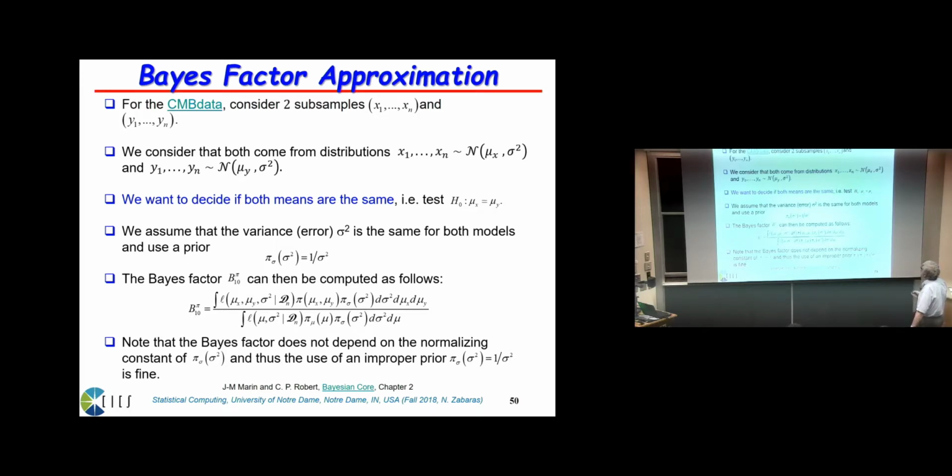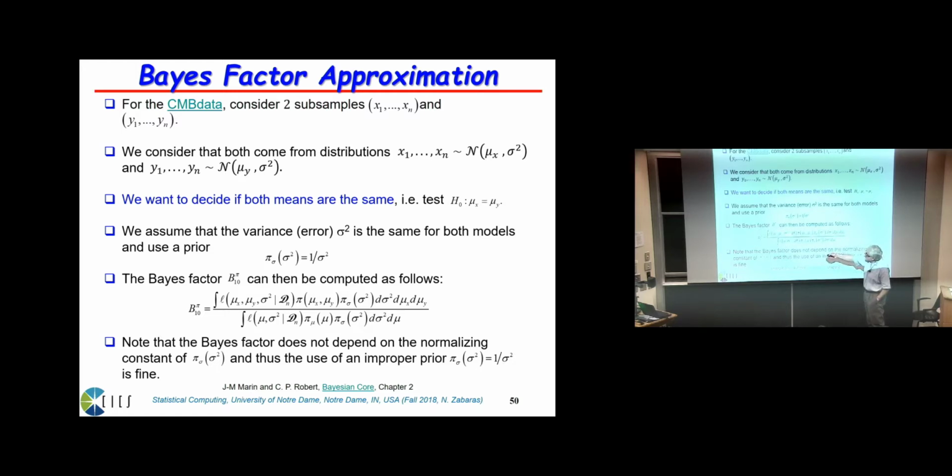So again, x comes from this distribution, y comes from this distribution, and we want to check if mu x is equal to mu y. So in this problem, because there is noise, we're going to assume some prior on the noise, so we're going to take a Jeffreys uninformative prior, and the Bayes factor B10 is basically the marginal likelihood.